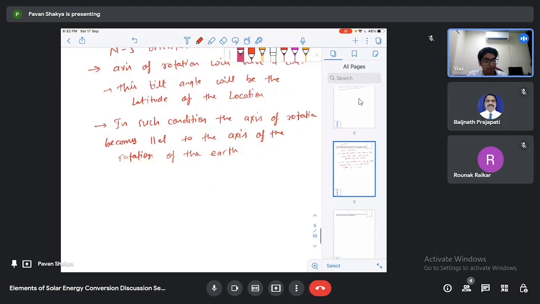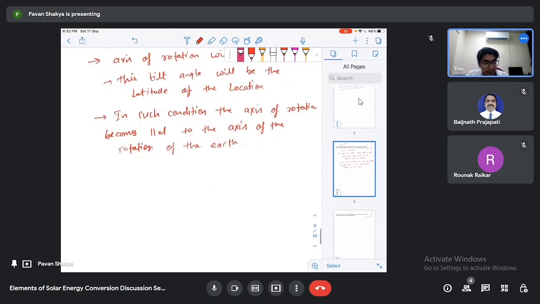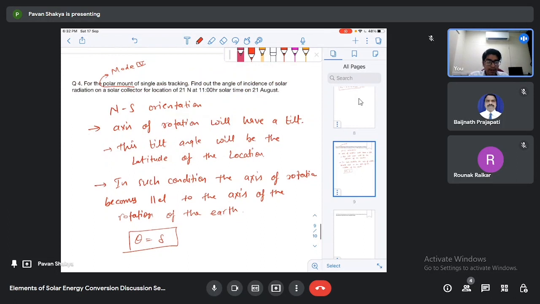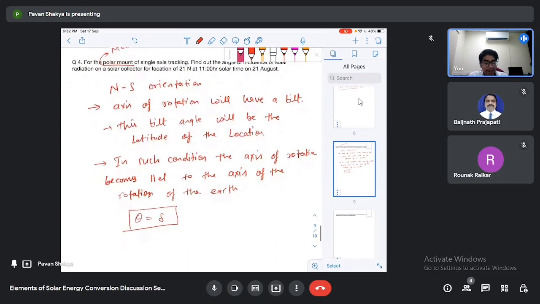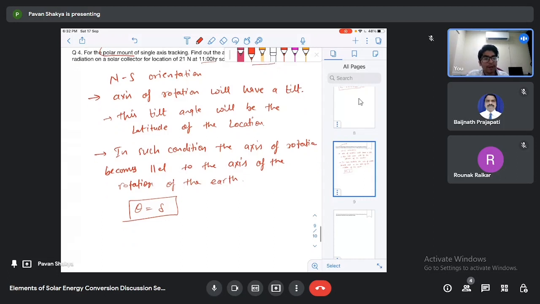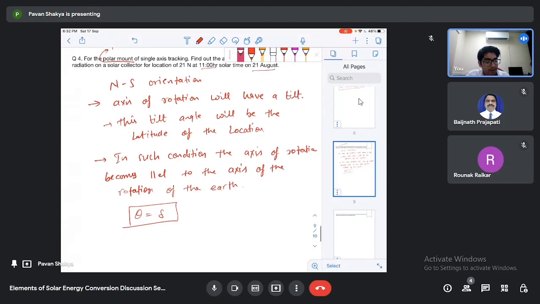So what we can say is that in this condition, the angle of incidence becomes equal to the angle of declination, that is delta. So in this mode 4, we can calculate the angle of incidence directly. In the problem, it is asked for a particular day, 21st August, and the time is given. But the angle of incidence depends only on the day, that is 21st August.